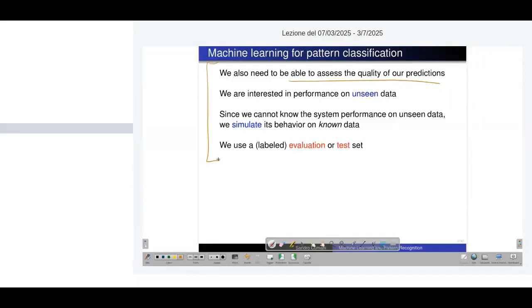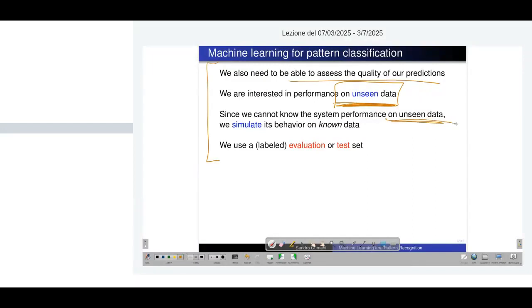So it should be done on data that was not used for training. So we should evaluate the classifier on data that is as similar as possible as the data that we will use the classifier on.